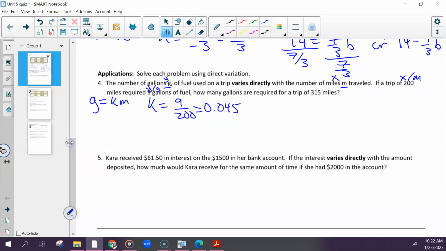Then we're looking for gallons, and we're given miles. So we can put in our k value and our number of miles. Multiply those together.